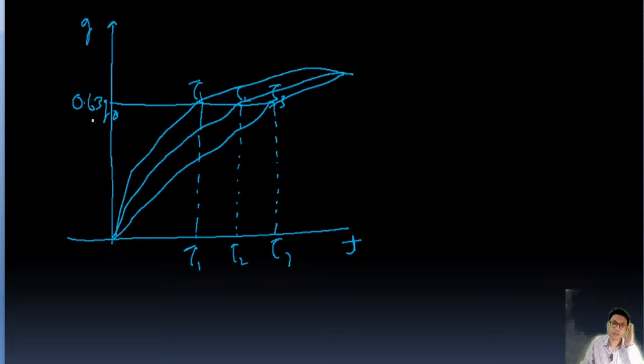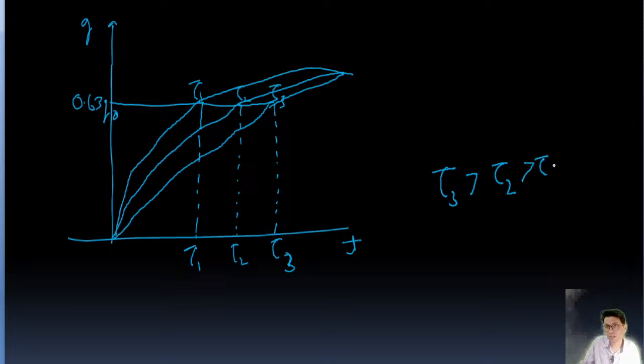This is the 0.63 Q naught, when tau equals RC. Here you can see this is tau 3. My apologies, in this graph tau 3 is greater than tau 2, which is greater than tau 1.